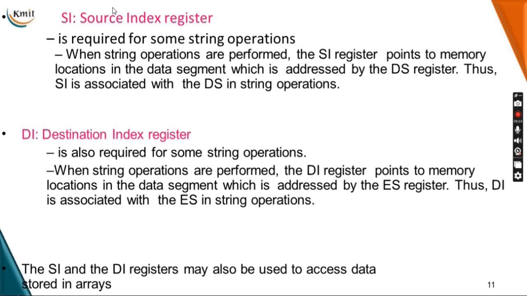It basically represents your data segment. So in the data segment where my data is stored, the memory location from which I need to take the data is what the source index register holds.